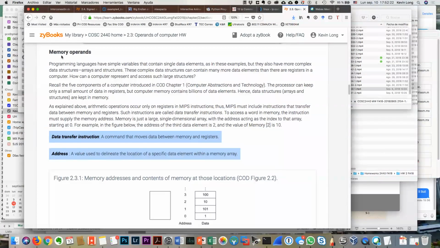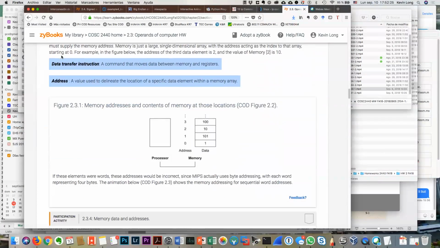Here's what they're showing us: if I want to transfer data to RAM, I've got 4 pieces of data here. The addresses are not 0, 1, 2, and 3. The words are word 0, 1, 2, 3, but in memory, this is address 0, 4, 8, 12, 16, 20, 24, and so on.